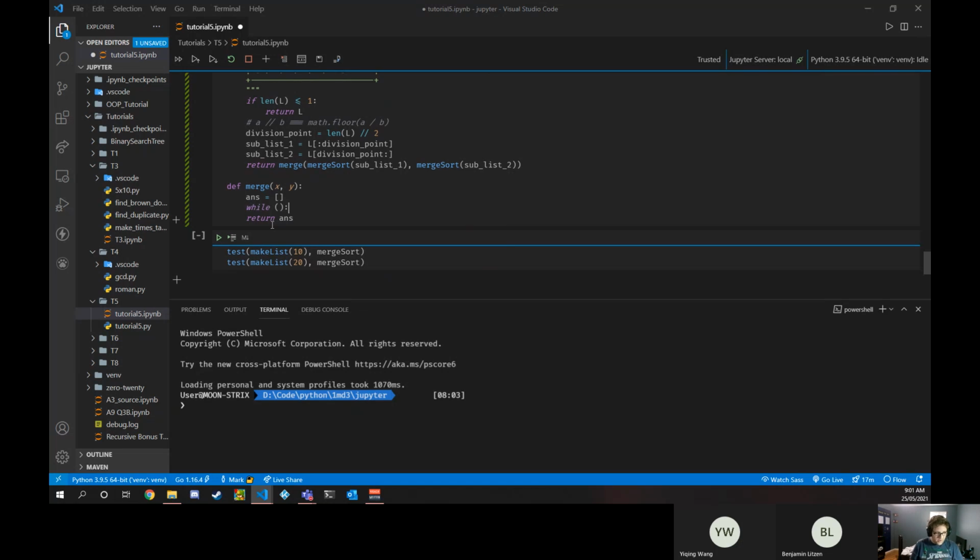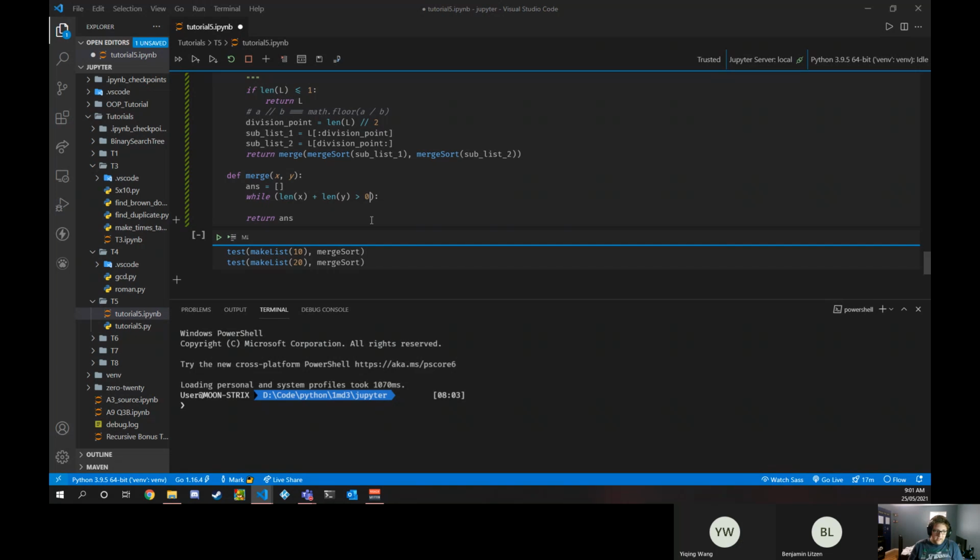Then we're going to have a while loop. And the reason we're going to have a while loop is because we are not doing anything to do with the index in a loop. What I'm going to do is have this while loop detect if the lists are empty. So the way you detect if a list is empty is if the length of both lists, when added together, are greater than 0.